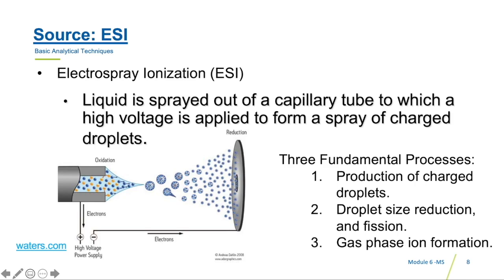The critical steps of this process are the addition of a charge to the droplets, whether negative or positive, fission into smaller droplets, and evaporation of the sample's solvent. If any of these steps doesn't happen, there will be no ions entering the mass analyzer. Similarly, if any of these steps is only partially achieved, only a fraction of the expected quantity of ions will enter the mass analyzer.